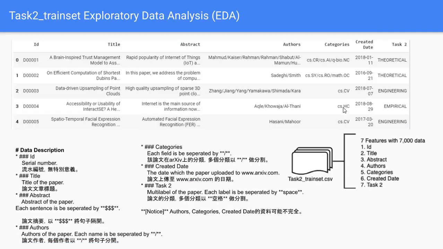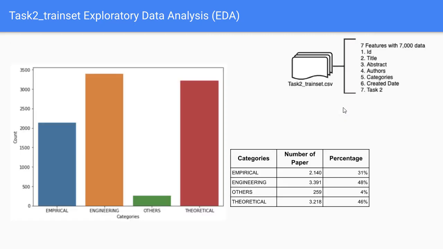And then from the training set data, actually there is metadata like ID, the title of the paper, the abstract of the paper, the authors, the category, and created date. And after that, you would like to know the distribution of the paper category.